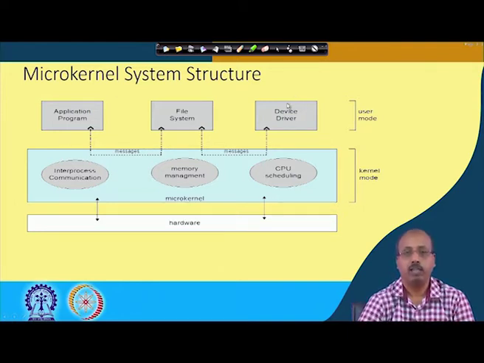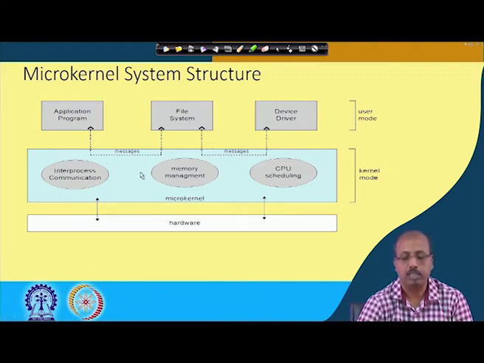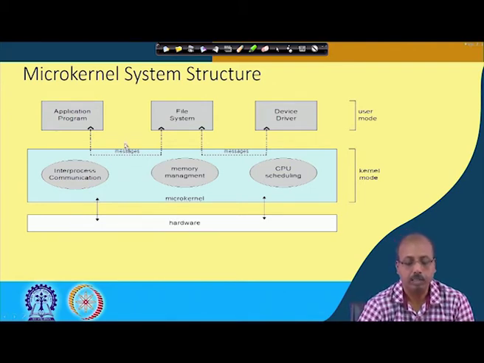In a normal kernel, many of these functions, such as the file system and device drivers, are moved into the kernel mode. But here, to make the kernel simple, they are put into different modules in the user mode, and only the very important part is kept in the kernel mode.